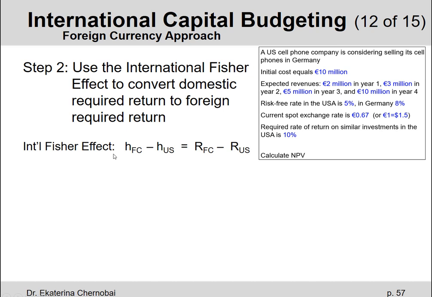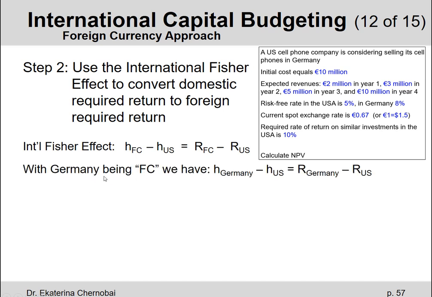The International Fisher effect says the difference in the inflation rates, foreign minus domestic, equals the difference in the risk-free rates, foreign minus domestic. With Germany being our foreign country, we have h Germany minus h US equals R Germany minus R US. Now let's plug in the numbers that we know.